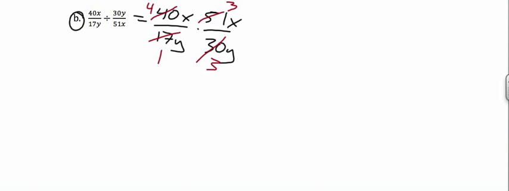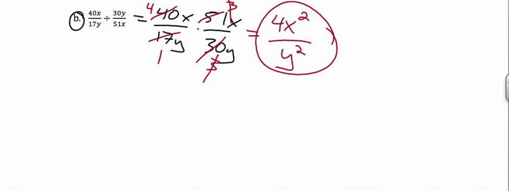And then I'm allowed to cancel in the same fraction too, so 3 and 3 cancel out to 1 and 1. So on the top, I have 4 and 2 x's, that's x squared. On the bottom, I have 1 and 2 y's, or just y squared. I should get 4x squared over y squared.